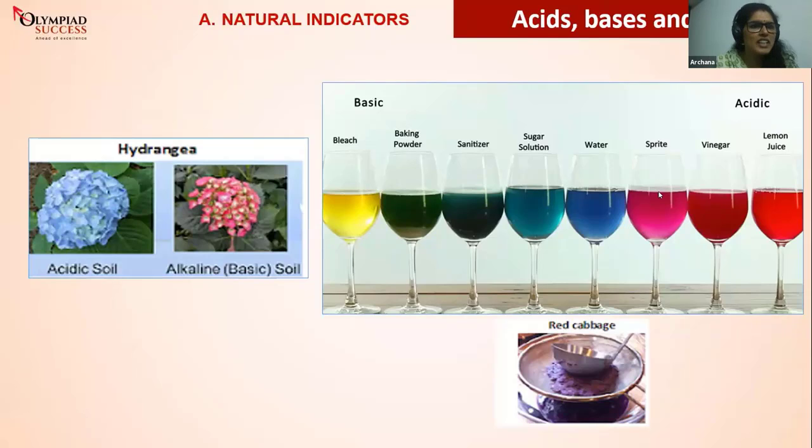Why is Sprite giving pink color, guys? Why is Sprite giving pink color? What kind of acid is present in Sprite?